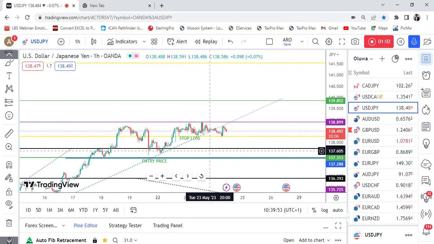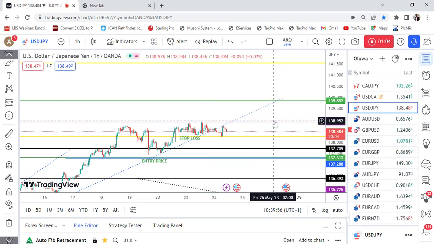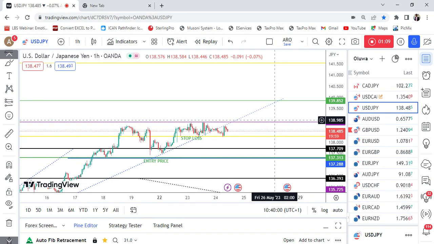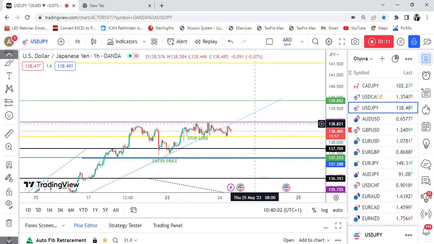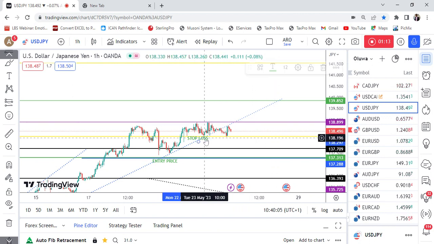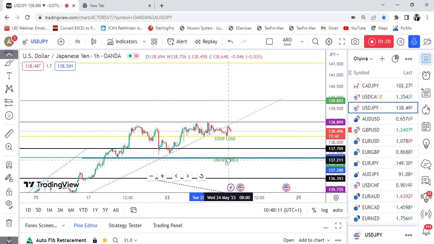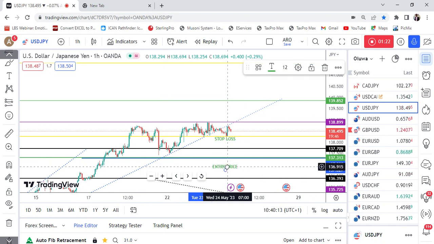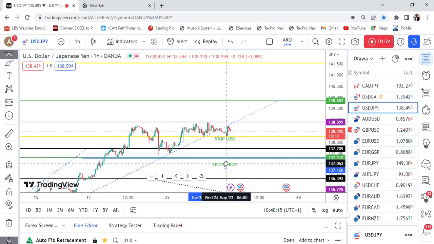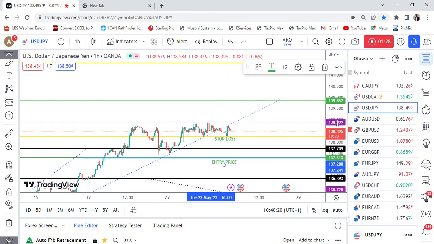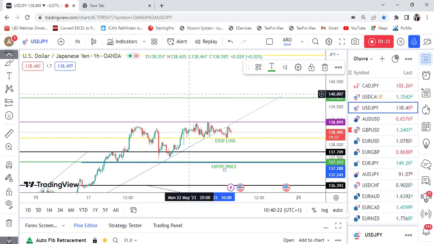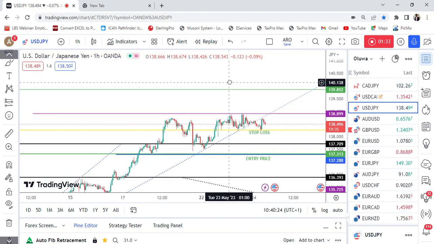What are the 5 things that we need to take note of before we enter any trade? Those are the things that we'll be looking at today.